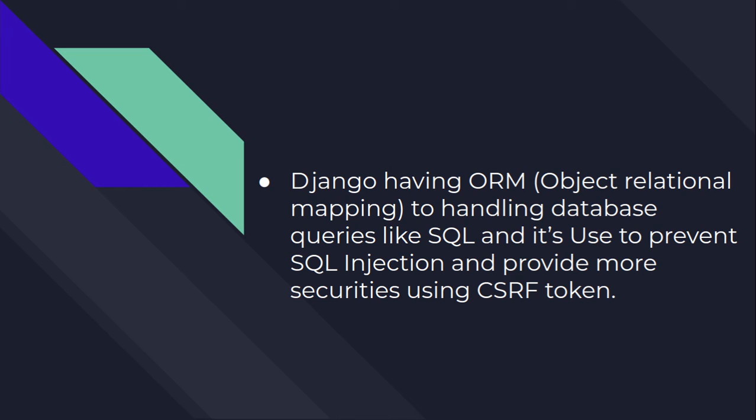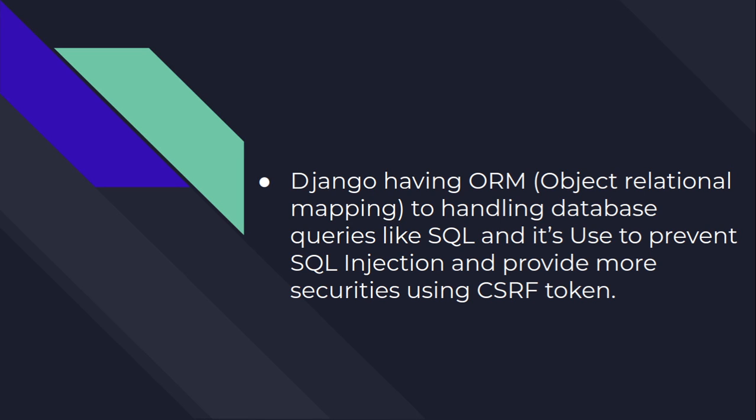Whenever we are using the ORM, we don't need to handle each and every SQL query of the different types of database systems inside of our Django project. Because the Django ORM handles those SQL queries according to the database system connected to our project, we don't need to worry about that, whatever database system we use in our project.